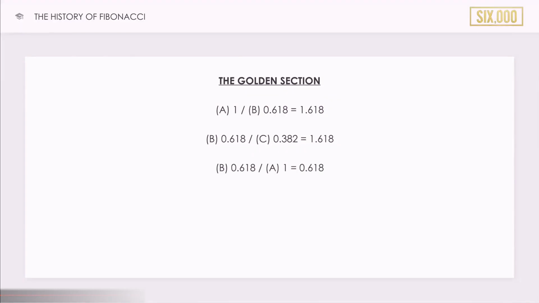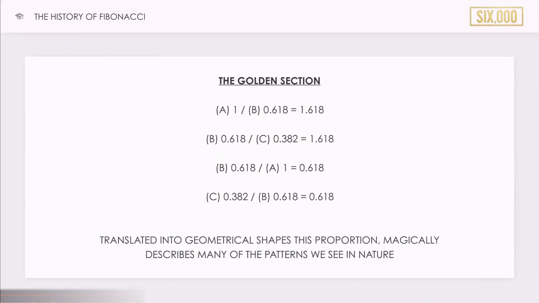B, the larger part to the whole line, gives us 0.618, the inverse of 1.618. The smaller part to the larger part, we're dividing 0.382 by 0.618, gives us 0.618. Translated into geometrical shapes, this proportion magically describes many of the patterns we see in nature.